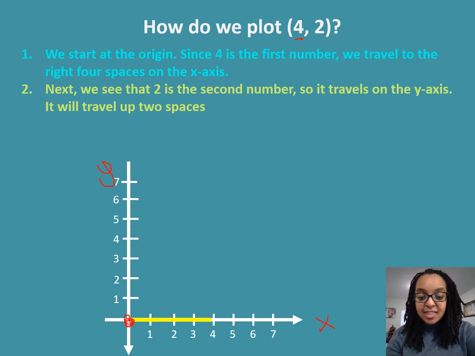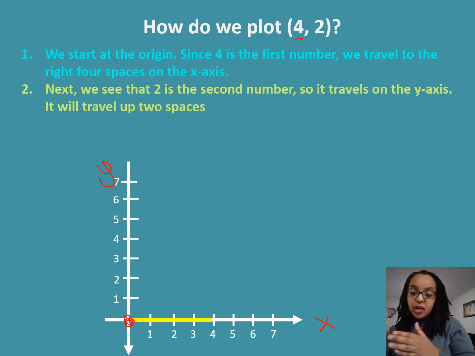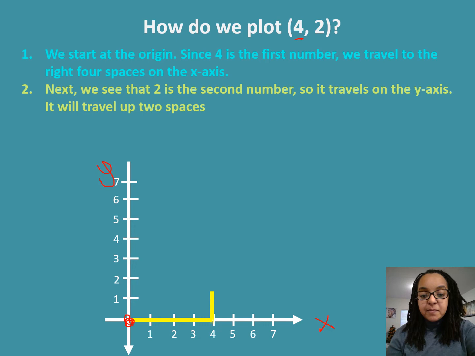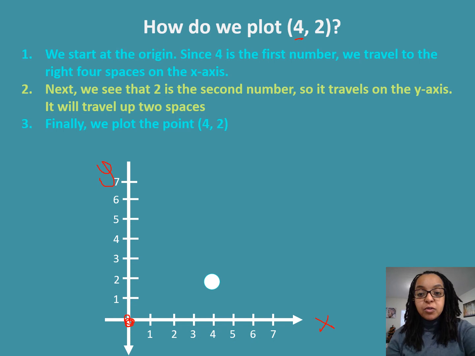And I'm using that as the next direction to go up by 2. So think of these as directions. First I go 4 and then I go 2. Watch that yellow line. I go up 2 spaces. And that dot right there is where I would plot 4, 2. Those are my directions to figure out where 4, 2 is.